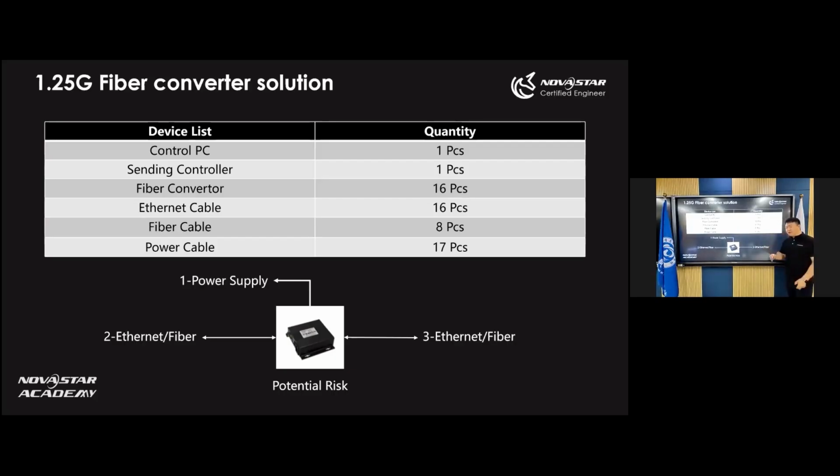And as we know, when we add one device into the control system, there will be more potential risk for the LED control system. For example, the power supply, the Ethernet to fiber conversion, the sending port and all the receiving ports can all be potential risks. So if we can simplify the LED control system, it will be much more stable.